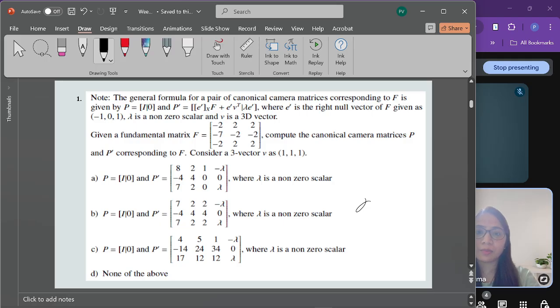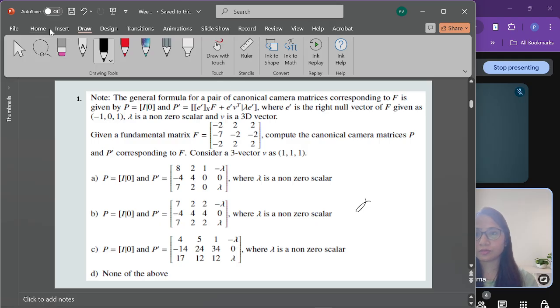Given a fundamental matrix F, compute the canonical camera matrices P and P dash corresponding to F. Consider the 3D vector as (1, 1, 1). So here we need to compute P and P dash corresponding to the fundamental matrix F.